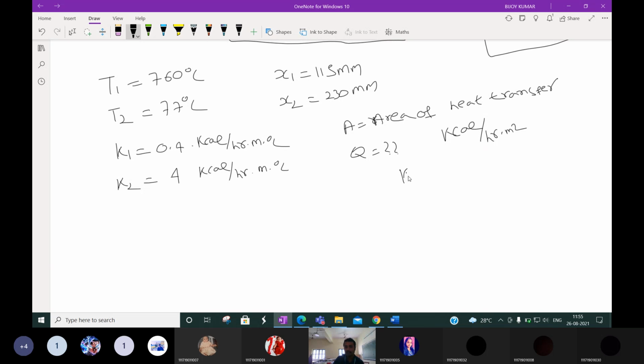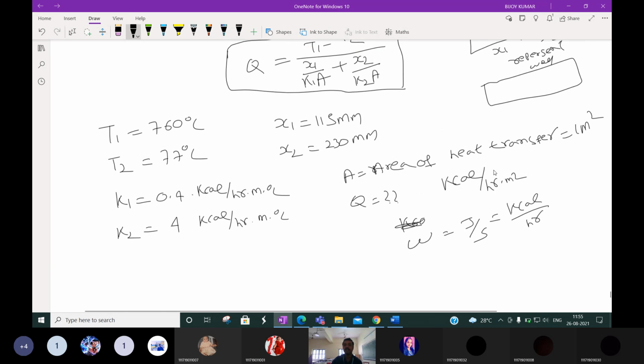It generally has the unit watt, or joules per second, or kilocalorie per second or hour. But here the Q value is asked in kilocalorie per hour per meter square. Per meter square means the area is equal to 1 meter square. These things you have to infer from whatever data is given.